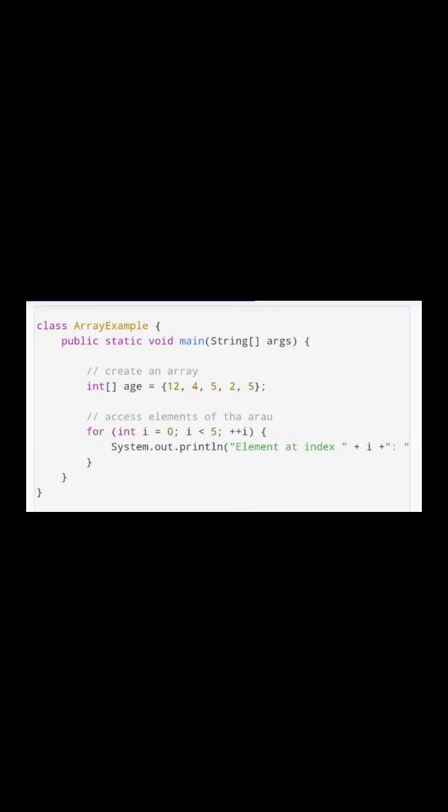This statement creates an array named age and initializes it with the values provided in the curly brackets. The length of the array is determined by the number of values provided inside the curly braces, separated by commas. In our example, the length of age is 5.